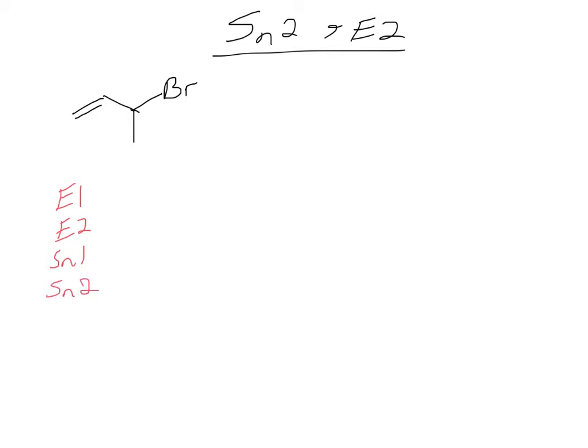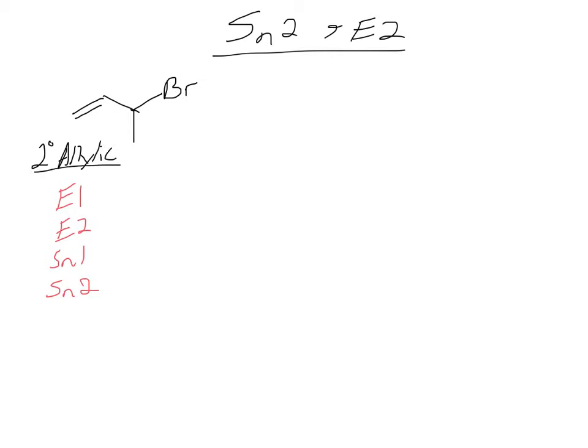I'd like to have those four there. The first question is, what kind of alkyl halide do we have? In this case, we have what? Secondary allylic. That's right. Which doesn't narrow it down.